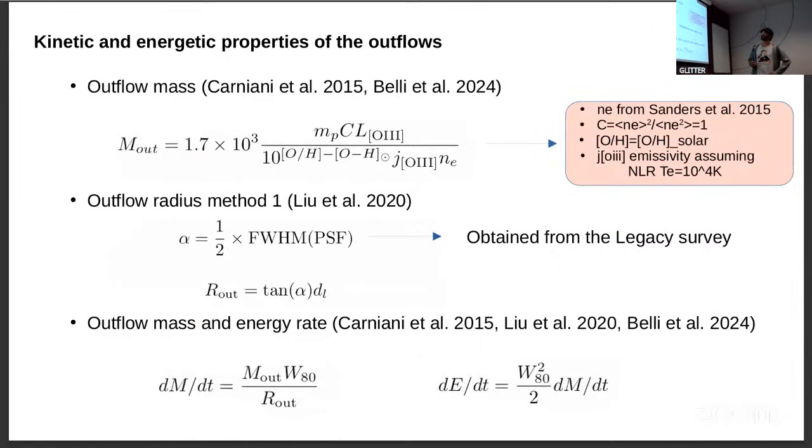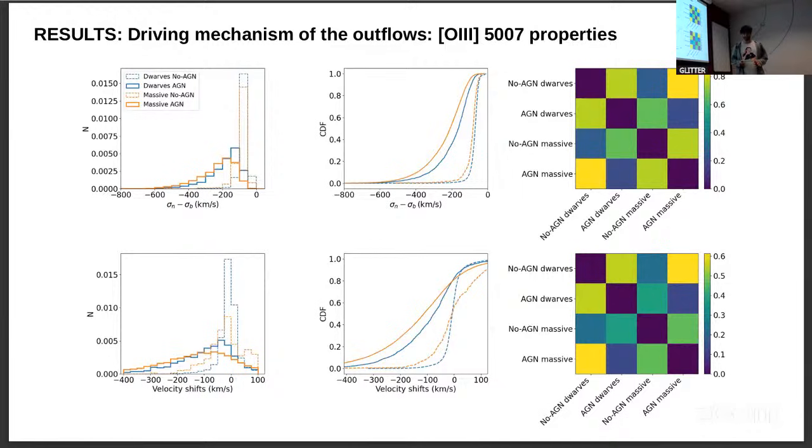We have also computed the outflow mass, the outflow radius, and other energetic properties such as the kinetic energy rate and the mass rate. We have said, and this is important, that we have 1500 AGN dwarf galaxies with outflow signatures. But this doesn't mean that the outflows are coming from the AGN. We need to investigate the driving mechanism behind these outflows.